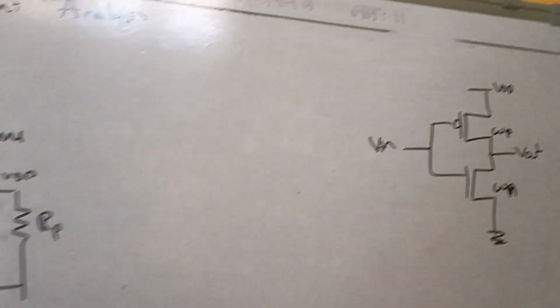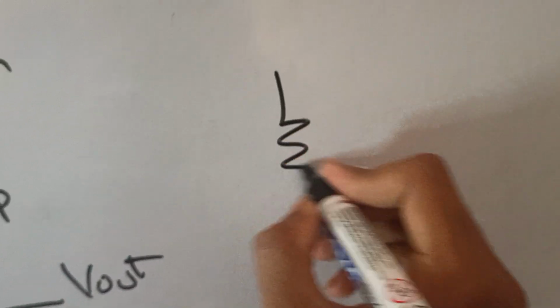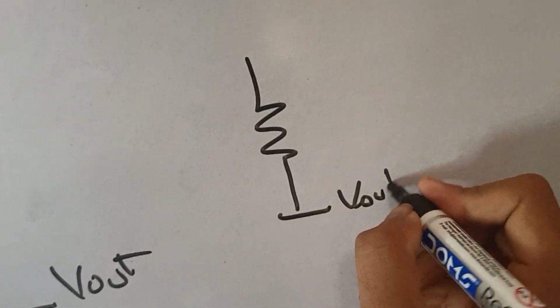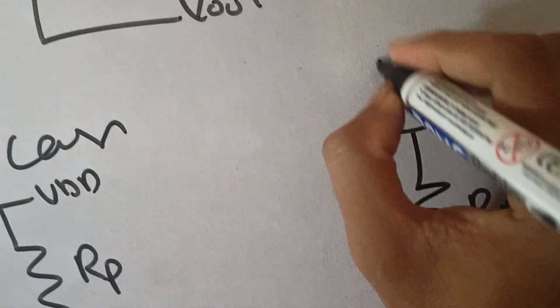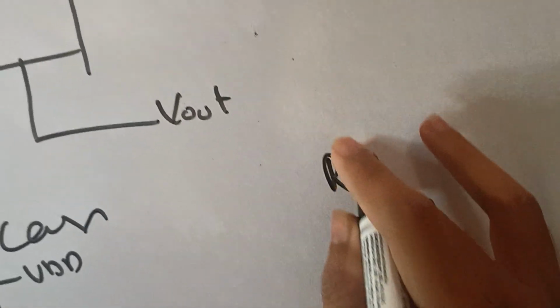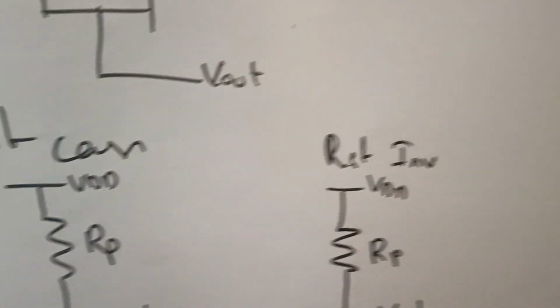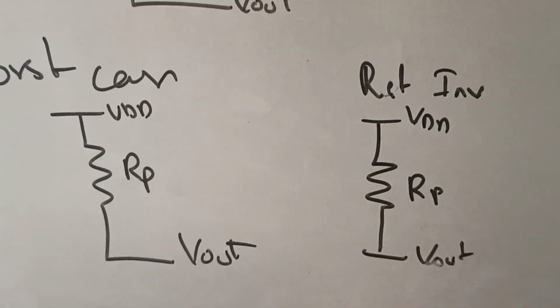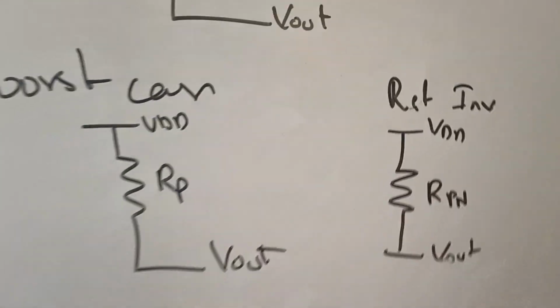We are going to compare the P tree of the inverter with this P tree of the NAND gate. The inverter has only one PMOS, so this is also one PMOS. This is the reference inverter. To differentiate both of them, let me name it RPN, which means RP of the NAND gate. Okay, let's do the analysis.